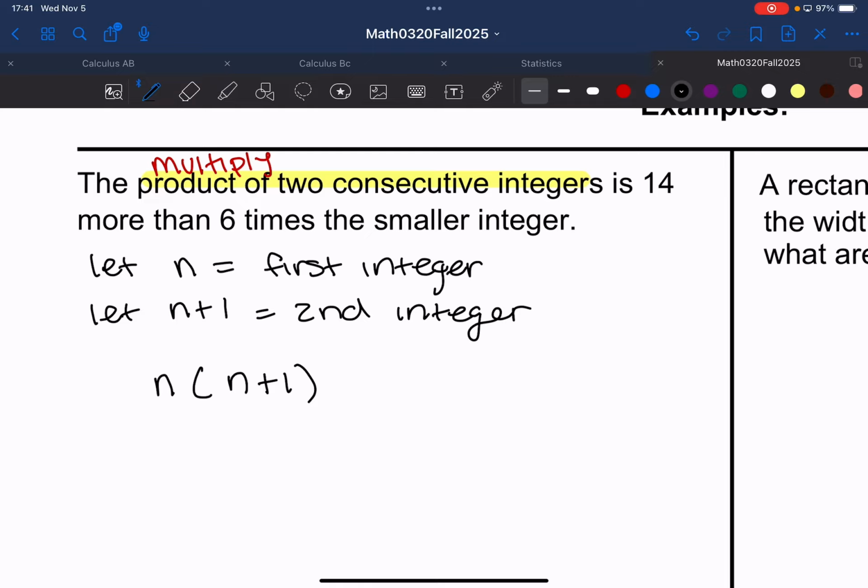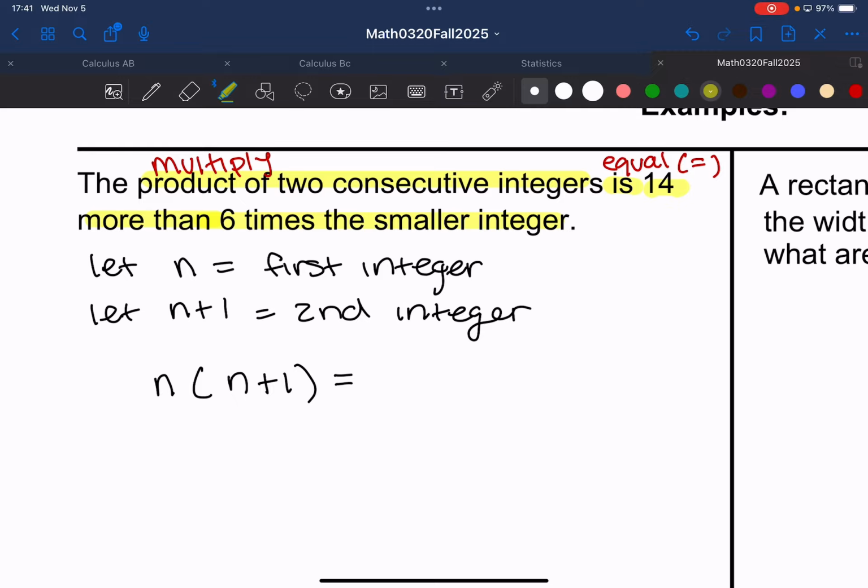Okay. Then it says is. So if we see the word is in a word problem, we know we're writing what sign? The equal sign. Okay, so we're going to go equal. And then it says 14 more than 6 times the smallest integer.